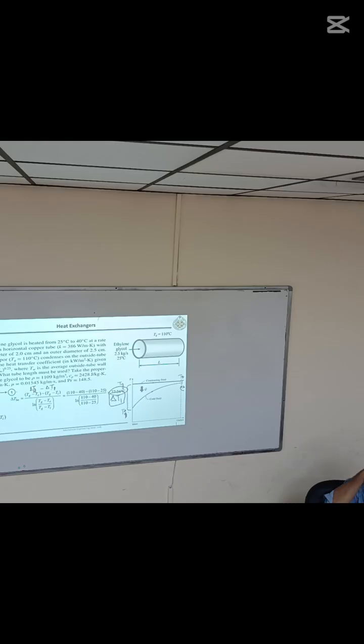Q dot we need in this equation, so we can easily find out from the cold fluid. M dot Cp of cold fluid is given. M dot Cp of cold fluid times 40 minus this one. And what is cold fluid? It's not water, it's ethylene glycol, and its Cp is given separately.